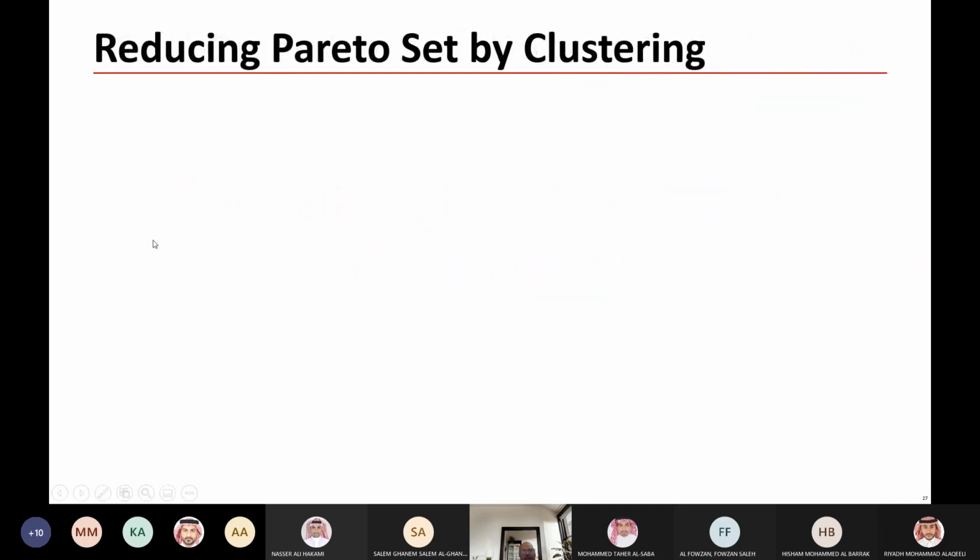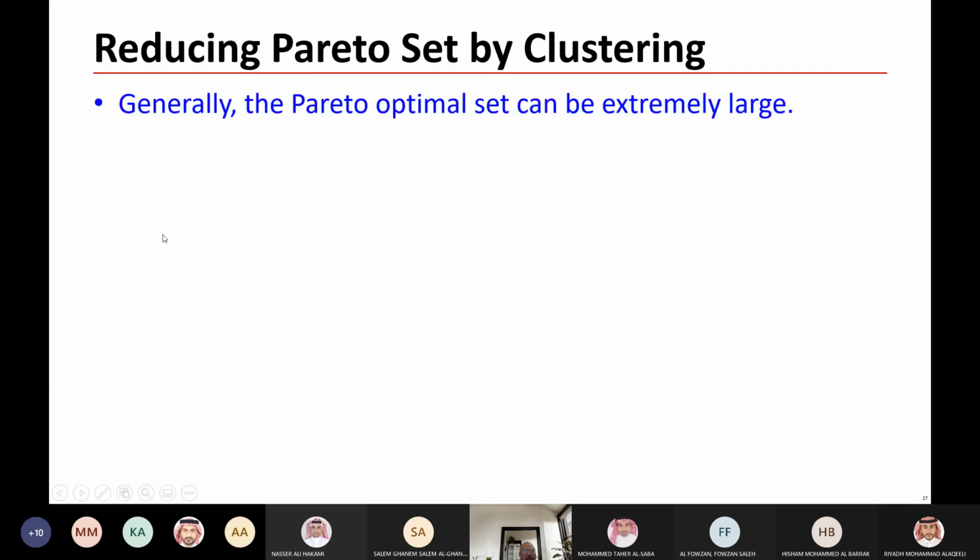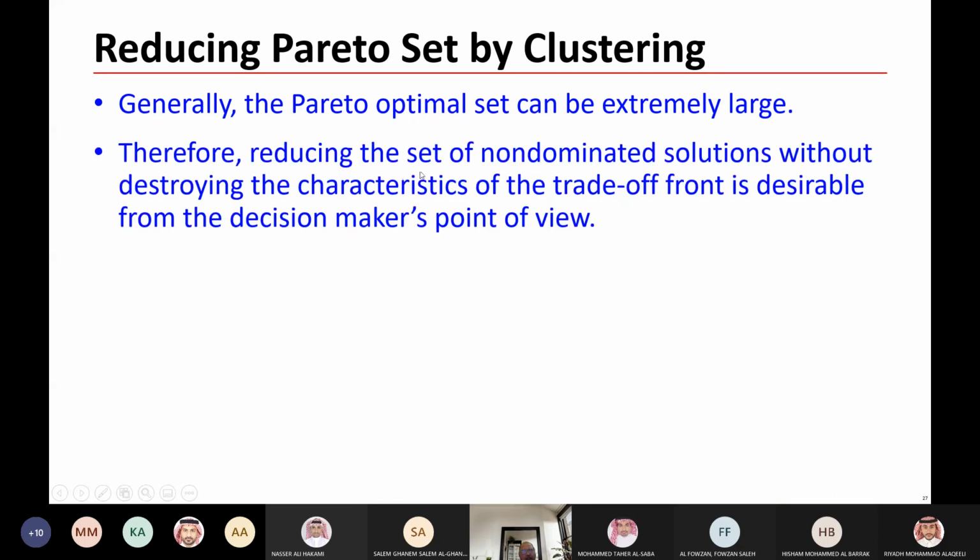And for any technique later, when we say clustering, you know how to do clustering. Generally, the Pareto optimal set can be extremely large, therefore reducing the set without destroying its characteristics. Of course, you definitely have some idea about clustering.